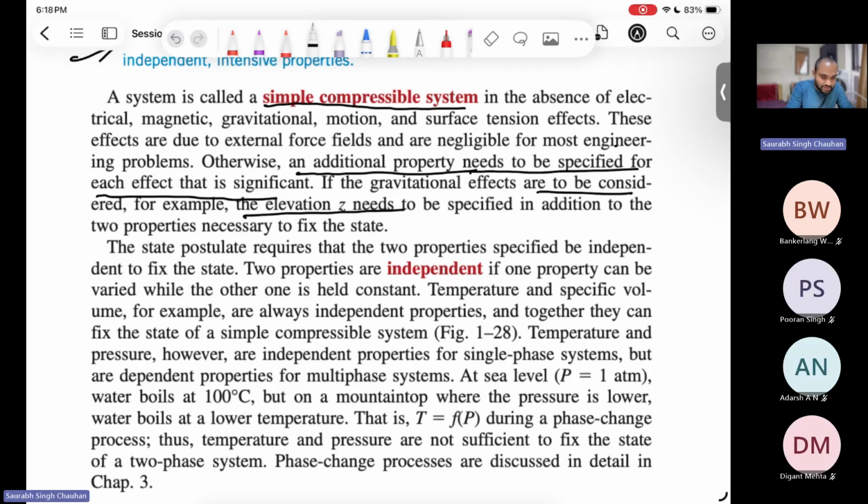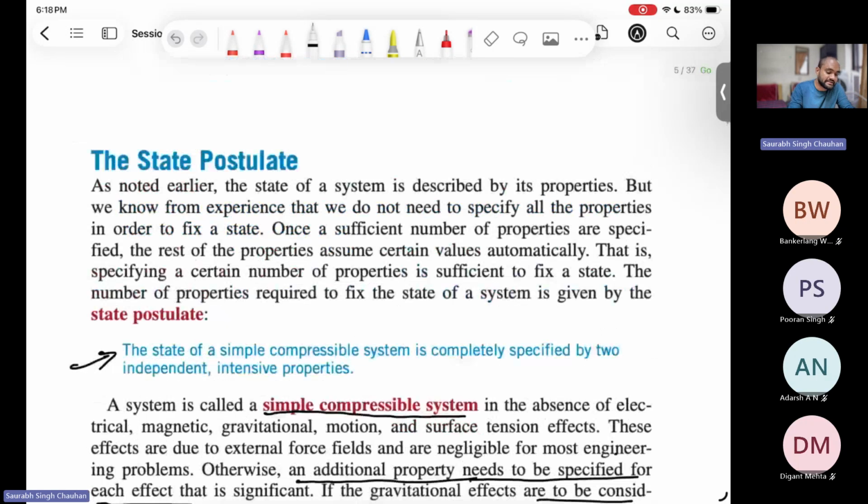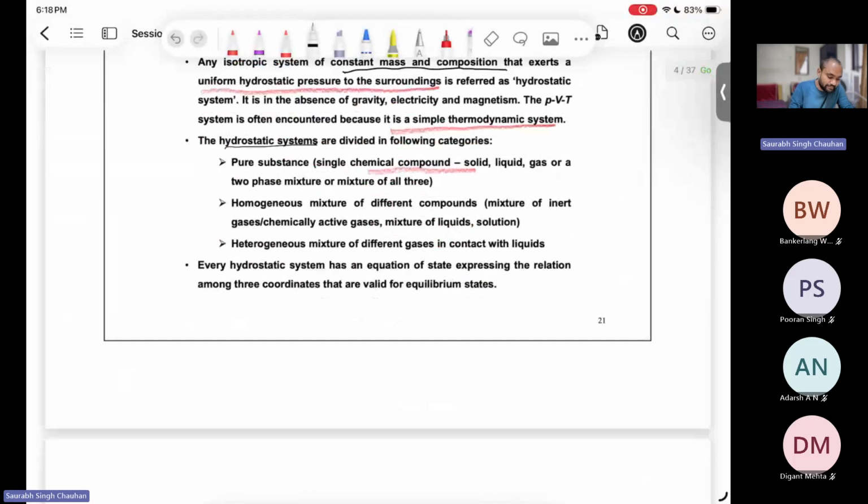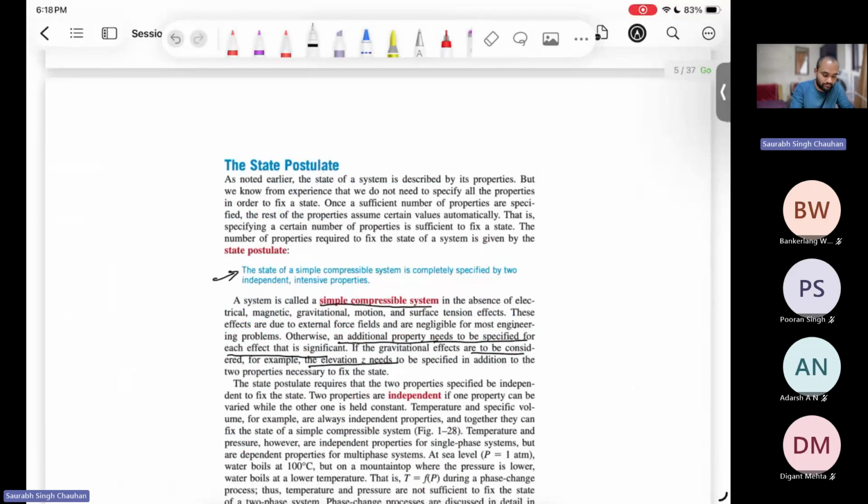Okay. So simple compressible system and hydrostatic system, both of these terms basically refer to the same thing, at least in the context of this current course. Okay. So whatever systems we will consider in this course, we can either use the term simple compressible system, or you can also use the word hydrostatic system.